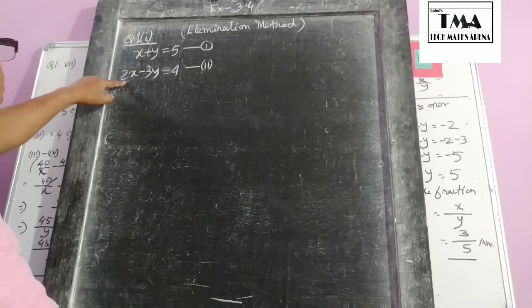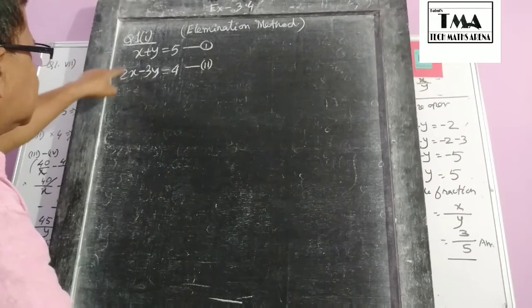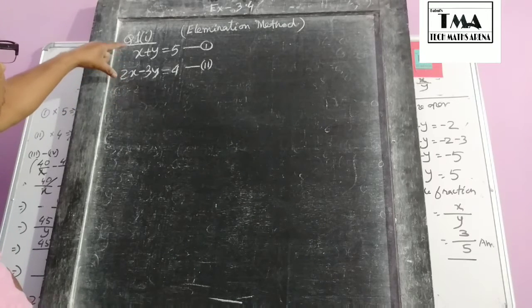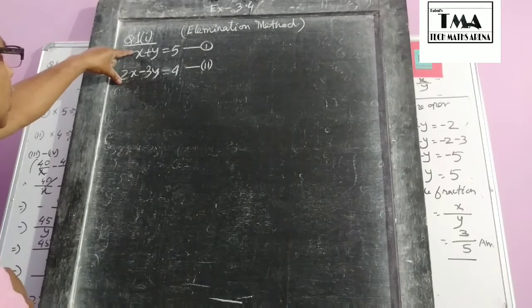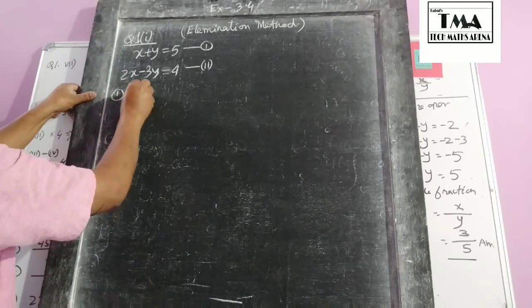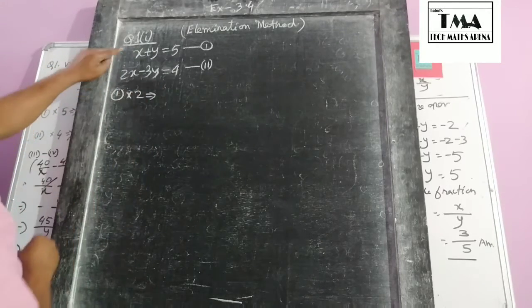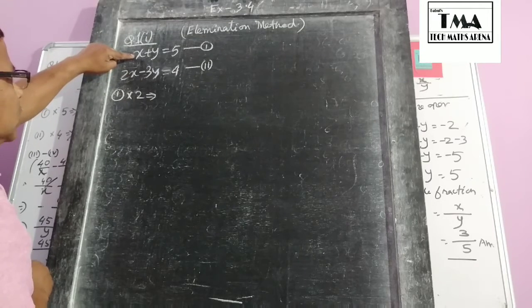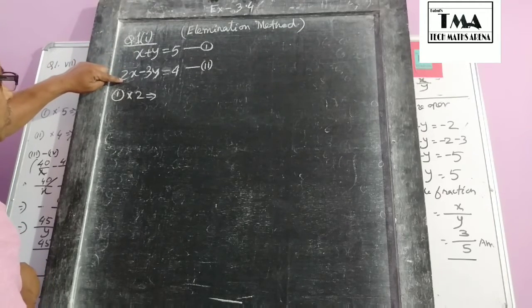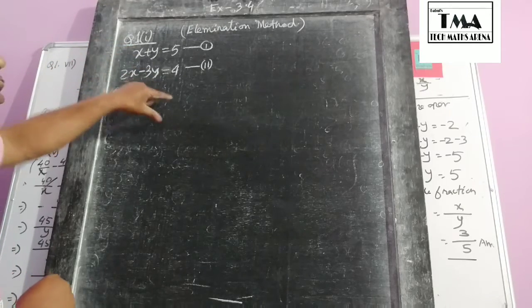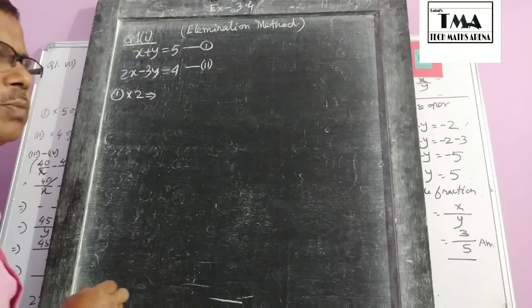Here we have seen that this is 1x and this is 2x. So for elimination we have to make the coefficients same. So LCM of 1 and 2 is 2, we know, and we will make these two coefficients same, that is 2. So the first equation we will multiply by 2. Why? Because 1x multiplying by 2 we will get 2x, and multiplying the second equation by 1 we will get 2x. When the 2x is same, then we will eliminate x by subtracting.